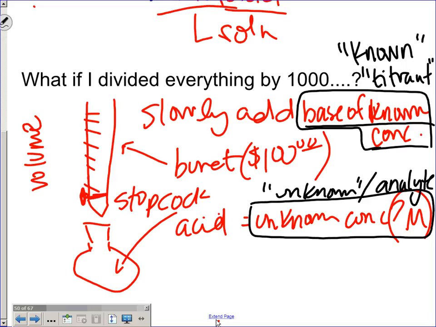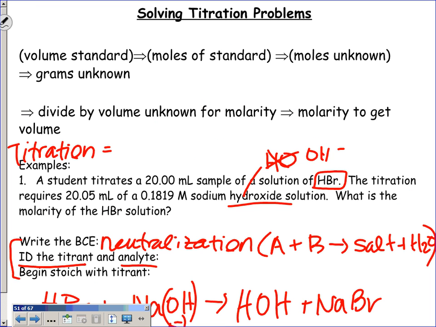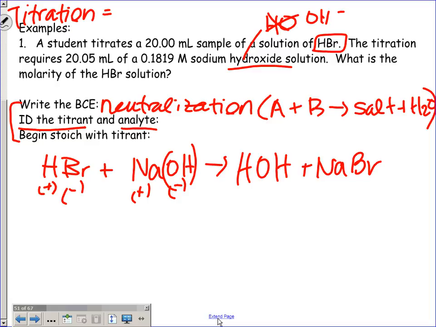All right, so now let's go back here. Going back to that question. In this question, who is the thing we know everything about? Meaning volume and molarity. Say again? Right, we know everything about it.